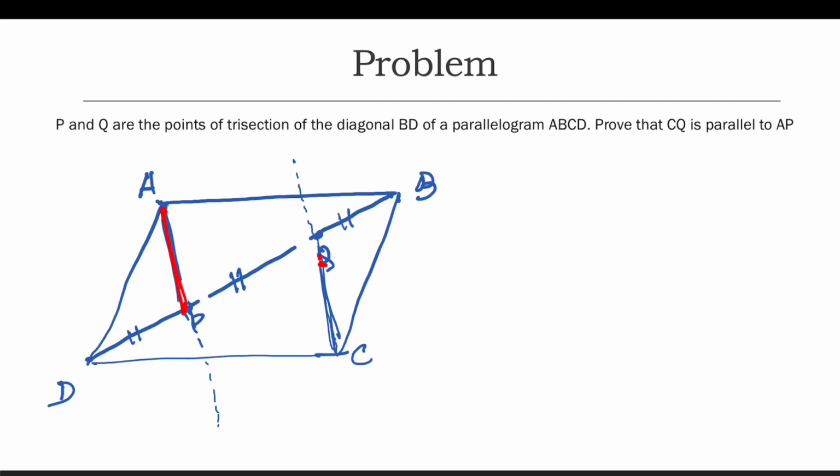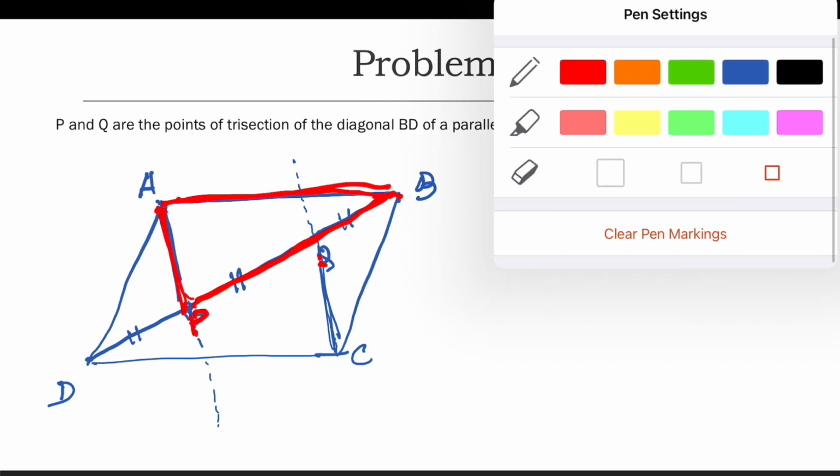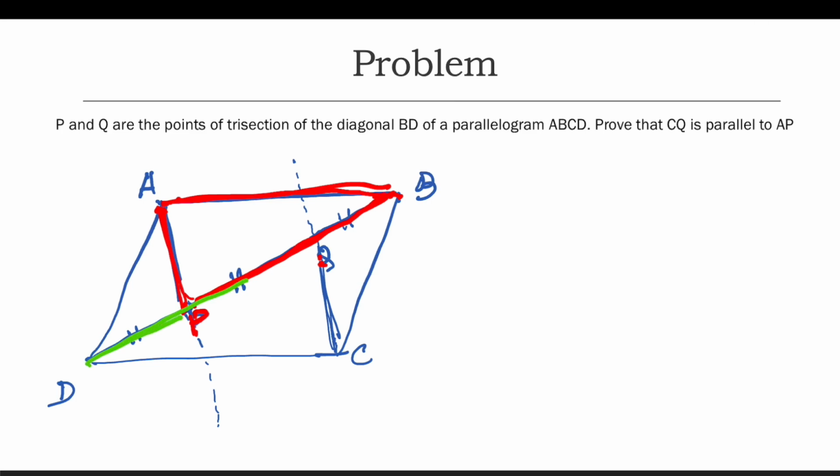So what we have to do is, I will take one triangle which is APB. This is my one triangle, right? And I will take my second triangle, which is this triangle, which is C, Q, and D. Now let's look at these two triangles.